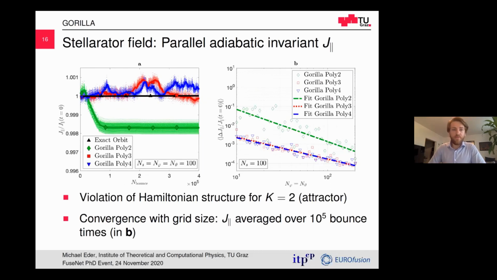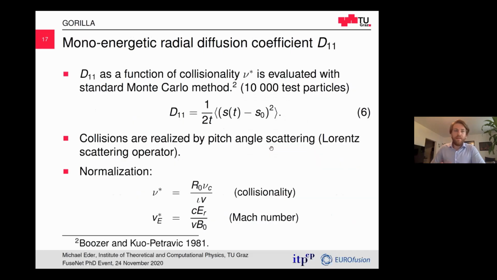And that is true for third and fourth order polynomial series. But as you can see here, for the second order series, the Hamiltonian structure is violated. And on the right, you see this quantity, how it converges with a finer grid, so higher grid resolution. In the end, we applied this new trajectory integrator to a Monte Carlo model to compute transport coefficients, here D11. It was done with 10,000 test particles and the pitch angle scattering model with these normalization quantities.